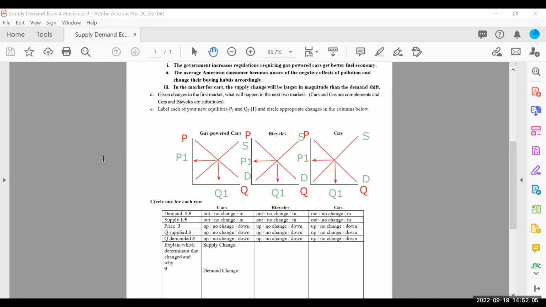What determinant is that? Yeah, I think tastes, and tastes have improved or declined. Yeah, tastes have gone away from this product. So this is easy. We can just draw a down arrow. You need to write me a sentence there and put taste. There are less tastes for this product. But don't draw a demand curve shift yet.